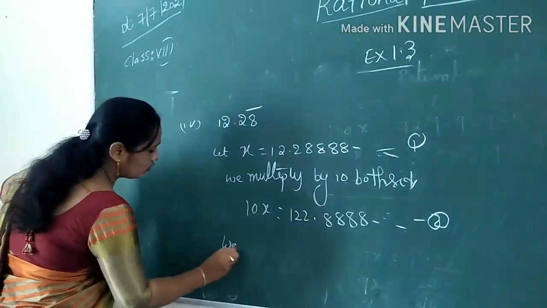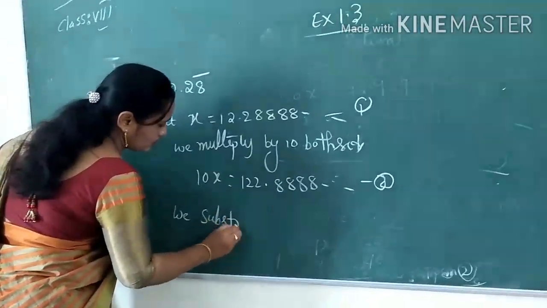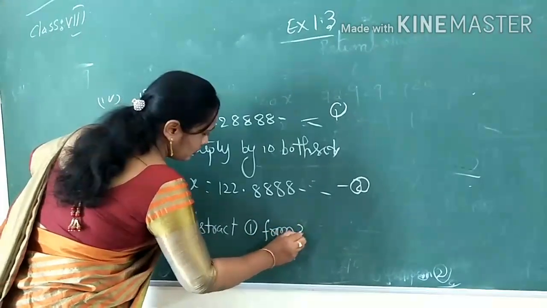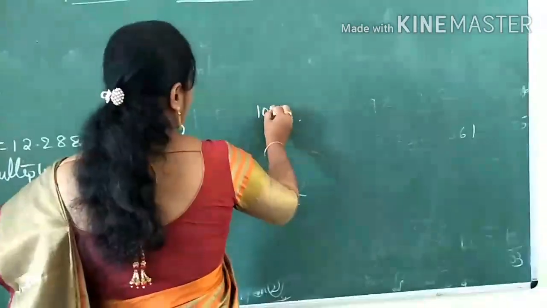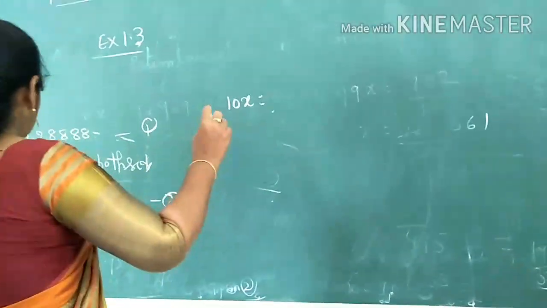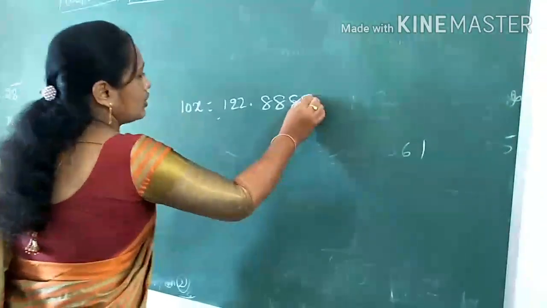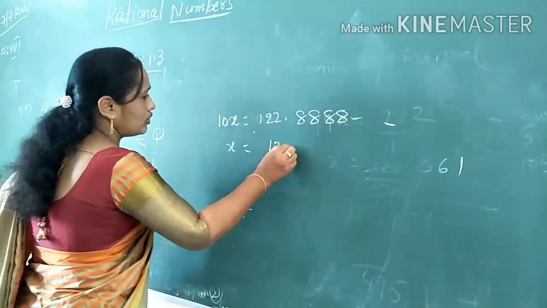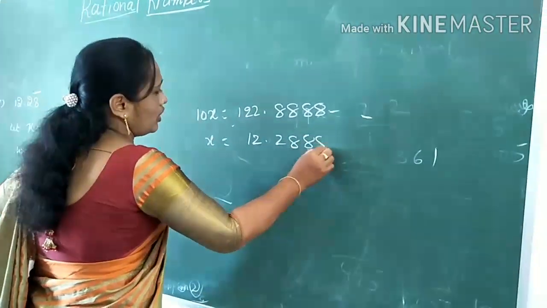We subtract the first from the second. 10x equals 122.888..., and the first one is x equals 12.2888... and so on.